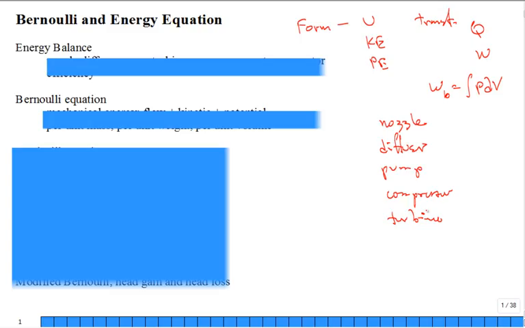There's a bunch of different devices. Heat exchangers we won't do much with because we're mostly interested in Bernoulli's equation. We're interested in the mechanical forms of energy, whereas heat exchangers involve thermal energy, transfer of heat primarily.